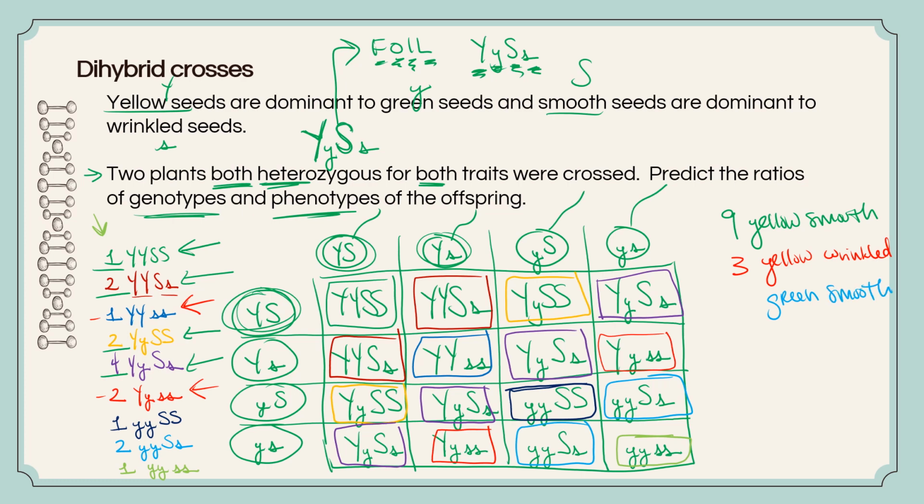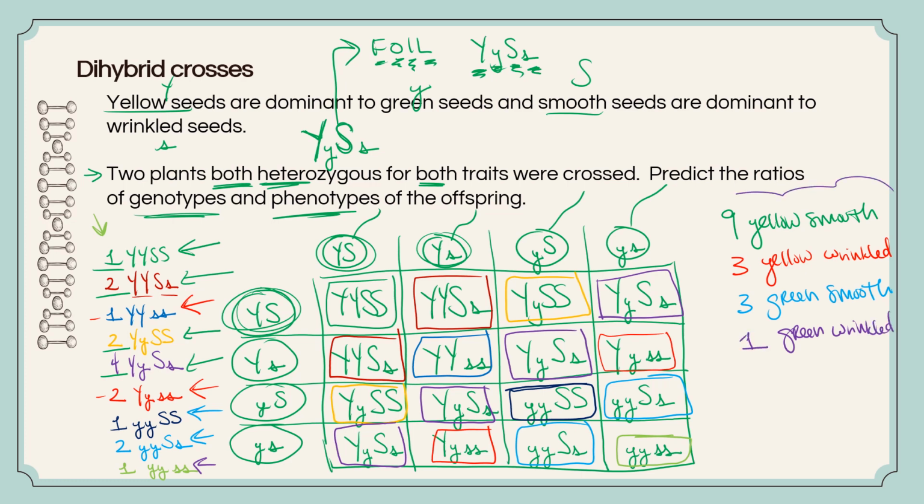Let's see. These will be green and smooth. These will also be green and smooth. 1 plus 2 makes 3. And that leaves us with one final phenotype to look at. The green, recessive, wrinkled, recessive, and there's only one.